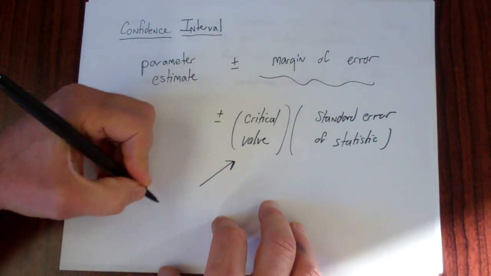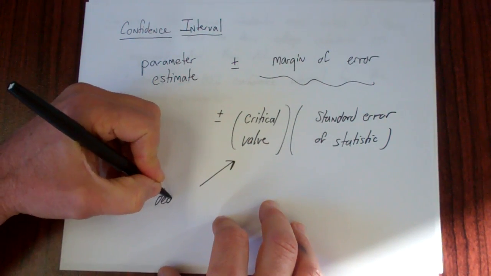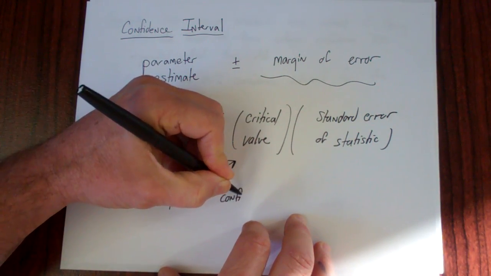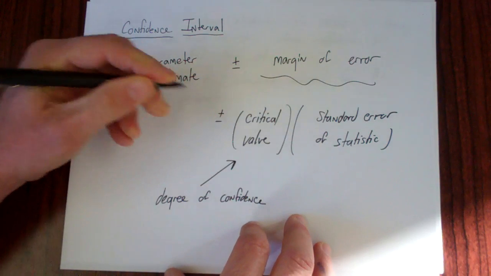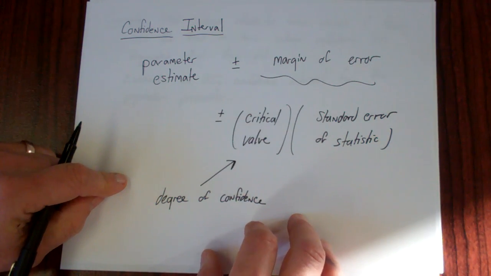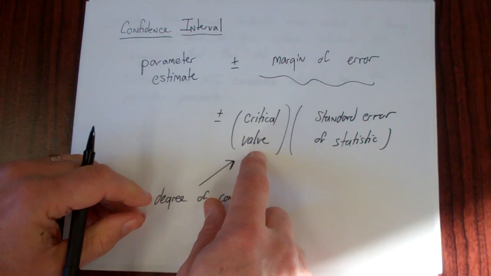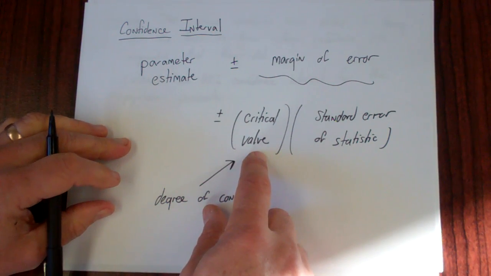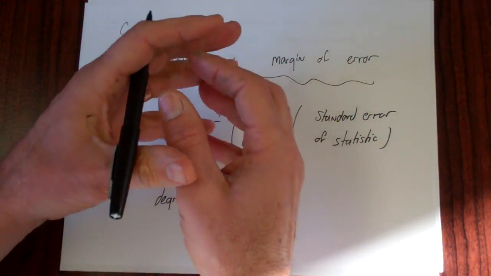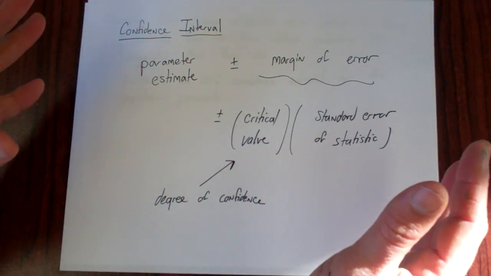And the critical value, again, depends on the degree of confidence, or the confidence level. So, for example, if you want to do a 90% confidence interval, this is going to be a larger number than if you want to do an 80% confidence interval, because to be 90% sure, you have to have a wider range of possible values than if you only want to be 80% sure.